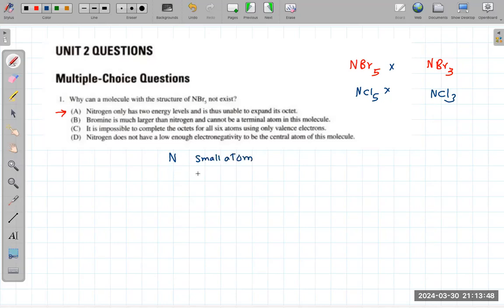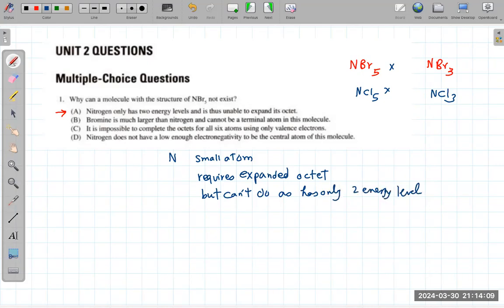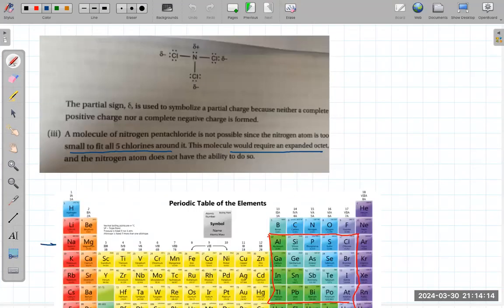It requires an expanded octet, and it cannot do it, and it has only two energy levels, while we mentioned that you have to be at least in period number 3 to have 3 energy levels so that you can make the expanded octet with these elements. Okay, that was a good coincidence.